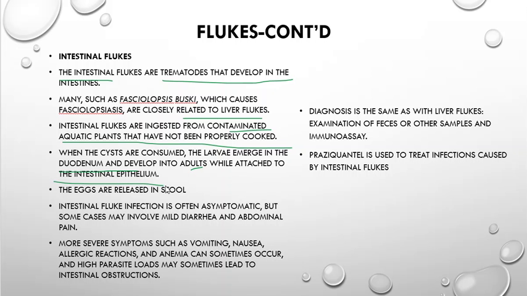They attach to the epithelium and release eggs into the stool. Intestinal flukes are often asymptomatic, but cause mild diarrhea and abdominal pain if symptomatic. Vomiting, nausea, allergic reactions, and anemia occur with severe symptoms and high loads, high numbers of parasites, and high loads can lead to intestinal obstruction like we saw.